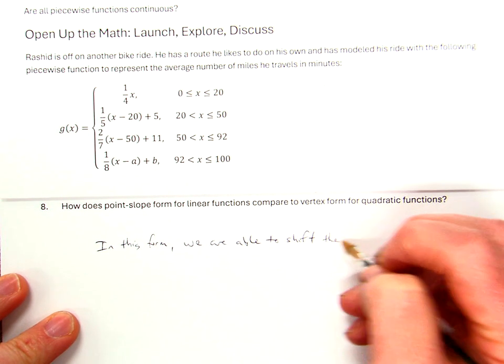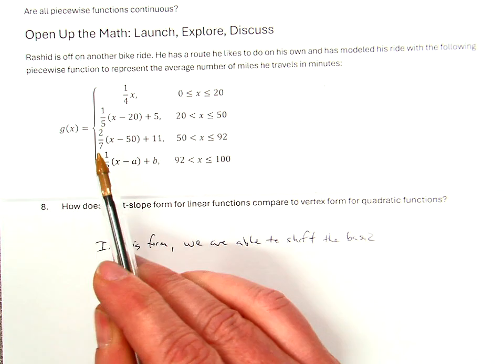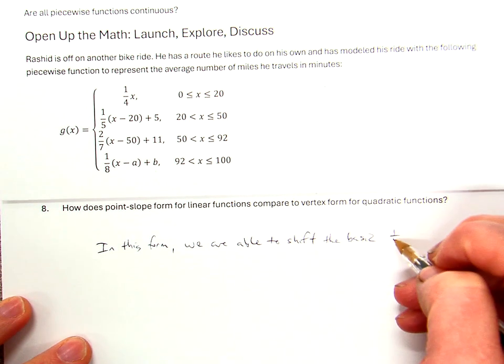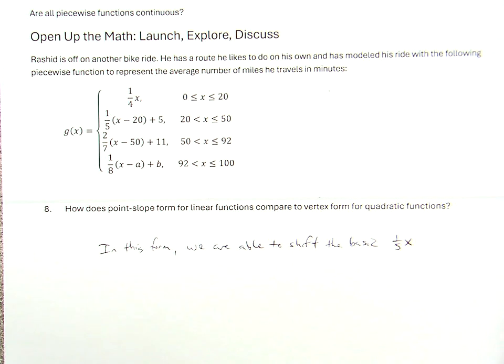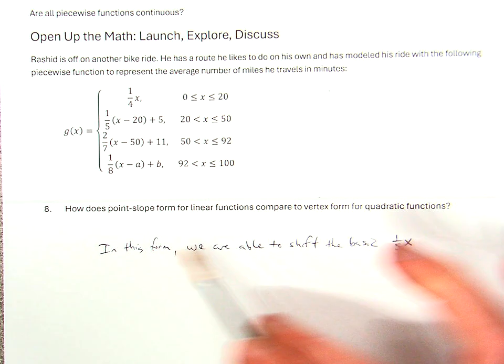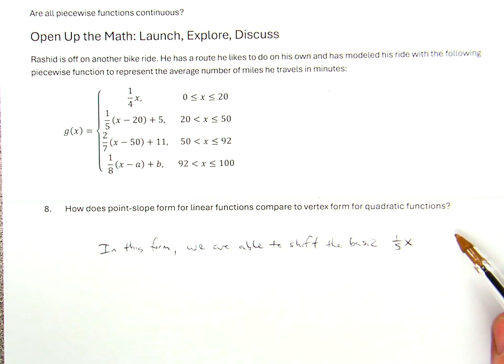So the basic function here was a function of slope 1/5. Like if we looked at just a linear function, like 1/5 x, where it has no y-intercept, so it starts at the origin, then the point in the point slope form essentially moves this 1/5 sloped line to a new location.